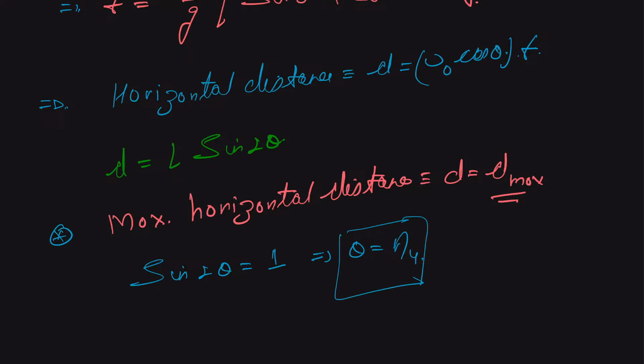So this is our value of theta for which we are going to get a maximum horizontal distance.